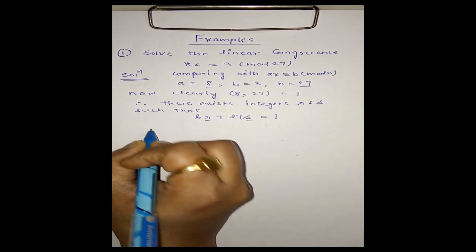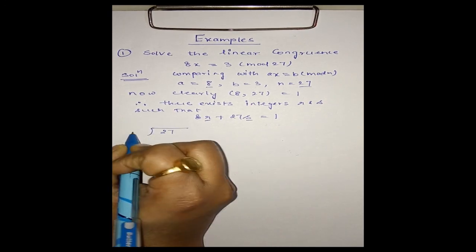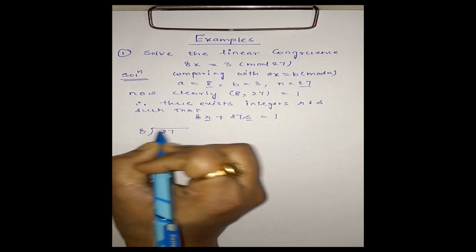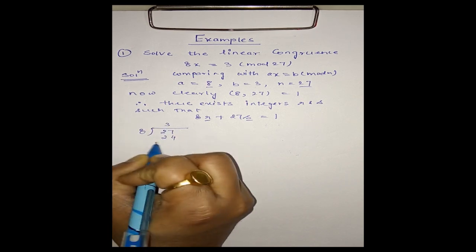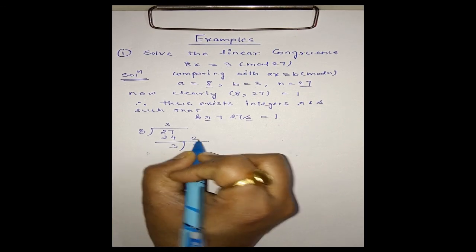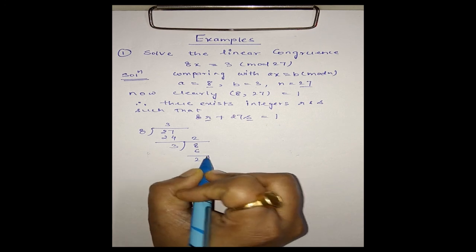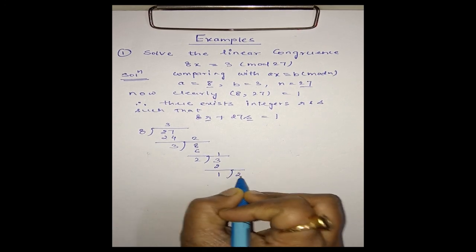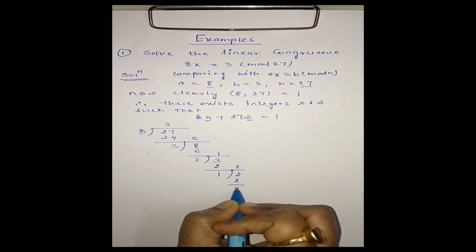For this, we start dividing. 27 divided by 8: 8 3s are 24, remainder 3. Then dividing 8 by 3: 3 2s are 6, remainder 2. Then divide 3 by 2: remainder 1. Then 2 divided by 1, remainder 0.